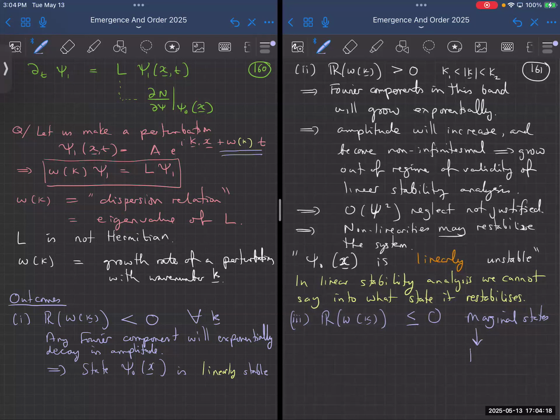Well, then the real part of omega is equal to 0, and then your perturbation doesn't behave exponentially. So then you need to go to higher orders. Then you have algebraic behavior. So once that happens, you need to do a higher order analysis. And of course, I'm not going to go into that.